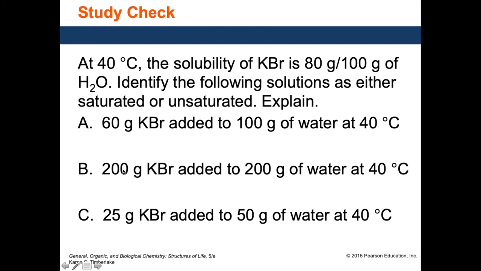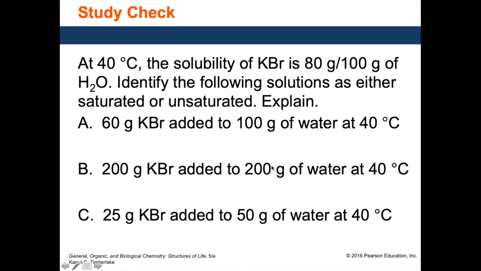Now, let's try the second problem. Here we have 200 grams of KBr added to 200 grams of water. So now we're not comparing apples to apples. We have 200 grams of KBr in 200 grams of water, but our solubility value shows the grams of KBr in 100 grams of water. So we need to scale this down so that we have 100 grams of water instead.